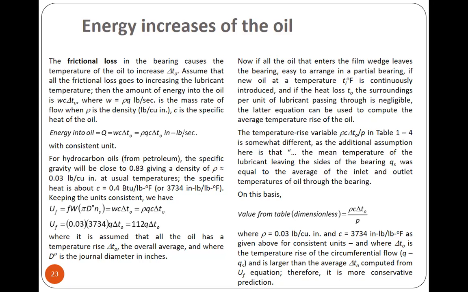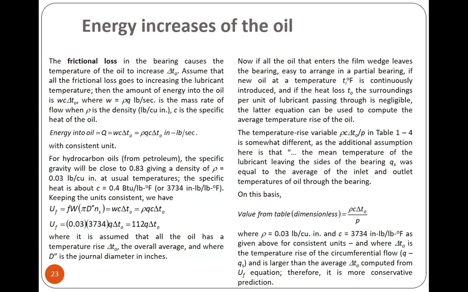Keeping the units consistent, we have U sub F is equal to F W times pi times D double prime n sub s is equal to W C delta T sub O. In-equate lang. Yun na yung heat mo, magiging energy of friction.